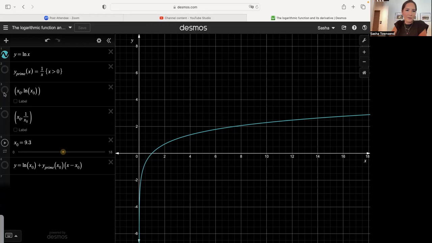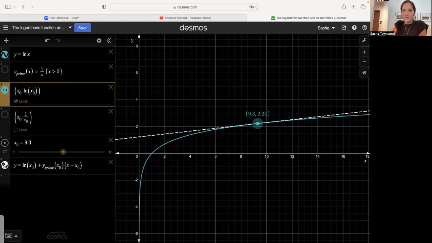If I plot a point, x, natural log of x, and then I draw a tangent line through that point, we can see at x equals 9.3, according to our formula, the slope should be 1 divided by 9.3, about 1/9. So you go up 1 and over 9.